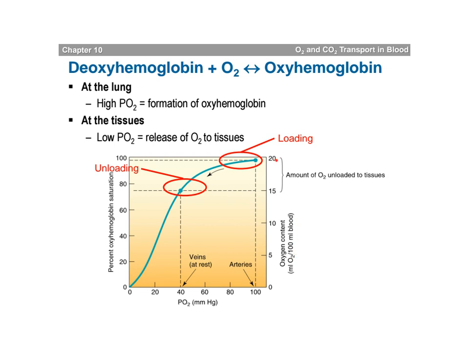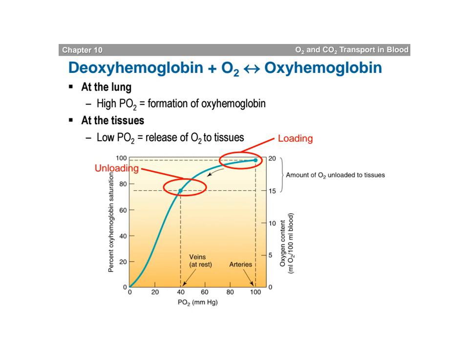And what you notice here is that when you have 100% saturation, you have about 20 milliliters of oxygen per 100 milliliters of blood. That's at 100% saturation. By the time the blood has passed through the capillary beds and is being collected in veins, the oxygen content is now 15 milliliters of oxygen per 100 milliliters of blood. And so this gives us some indication that oxygen has been unloaded to the tissues.